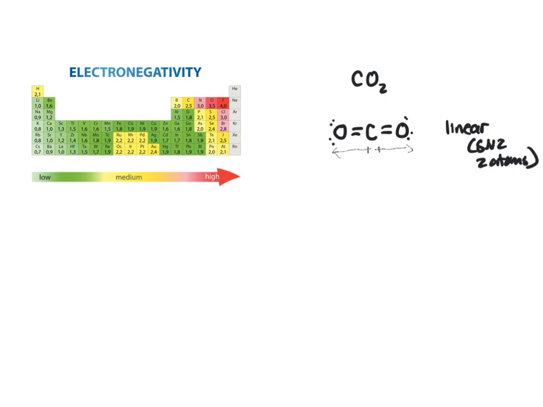If I put those head to tail and look at the addition of those two vectors, you can see that they're pulling in exactly opposite directions. So if I move one of these over, they're going to be exactly on top of each other, and the positive will cancel with the negative, and my net result is that I have no molecular dipole because these two bond dipoles cancel.